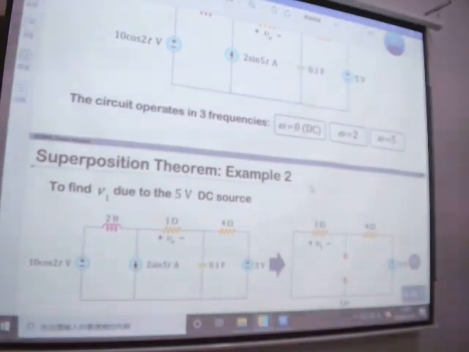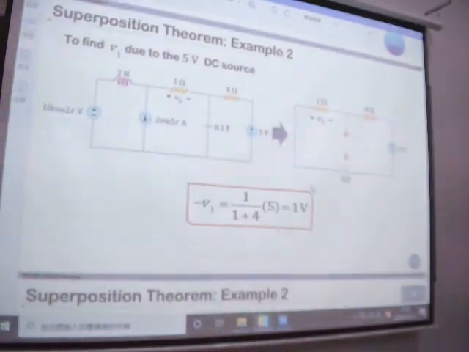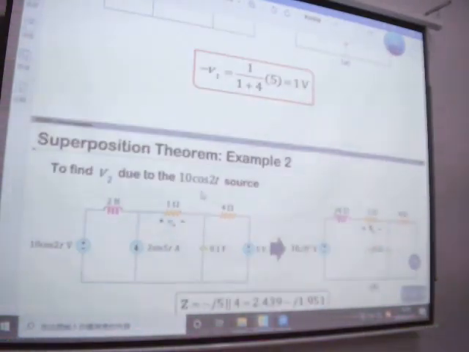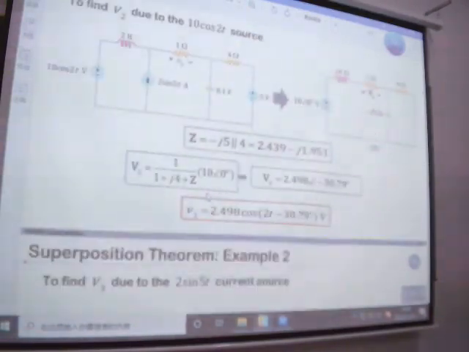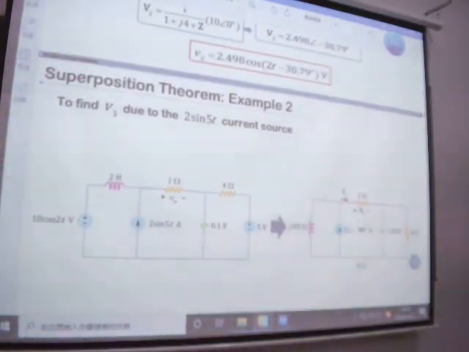Where is this one? From V1, 10 cosine. Yeah, it becomes this figure, right? We use 2 wires instead of those 2 voltage sources.